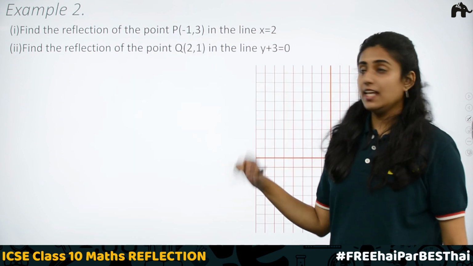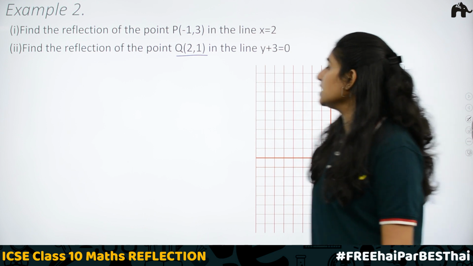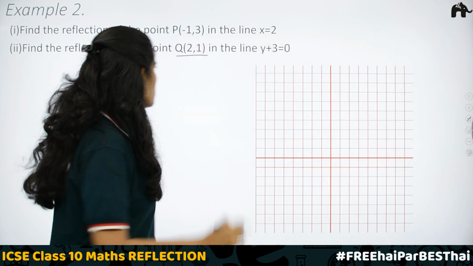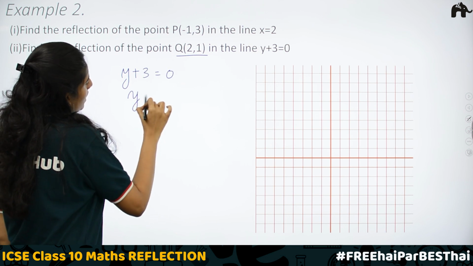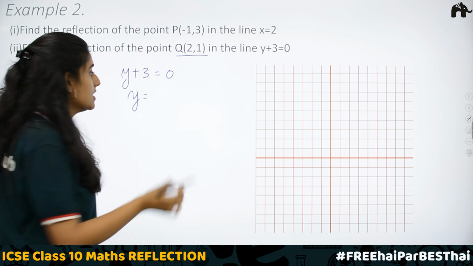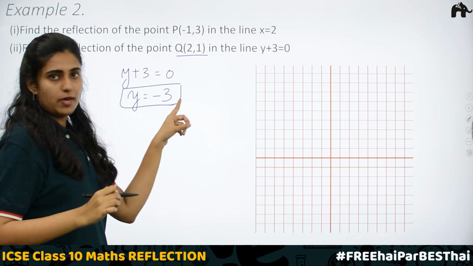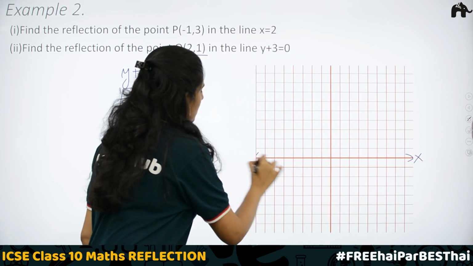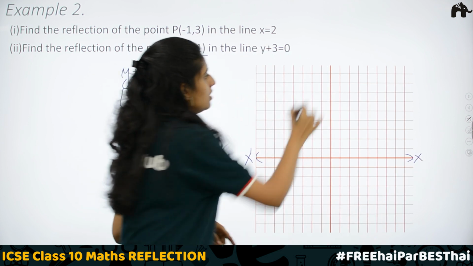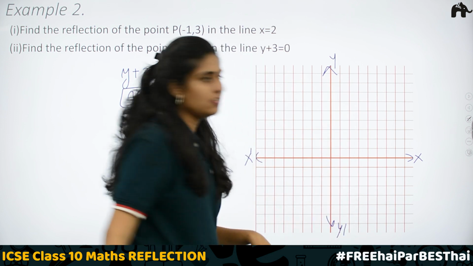Clear? Next, find the reflection of the point Q 2, 1 in the line y plus 3 is equal to 0. What is y plus 3 is equal to 0? y will be equal to, taking this plus 3 to the opposite side, minus 3. Therefore, we need to find the line y is equal to minus 3. Here we have the positive x, negative x direction, positive y direction and the negative y direction, y dash.